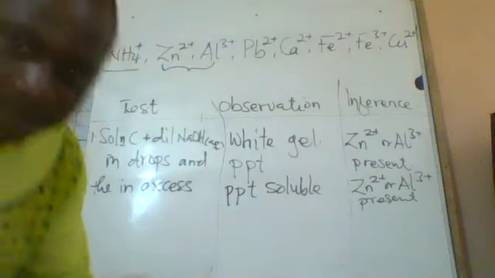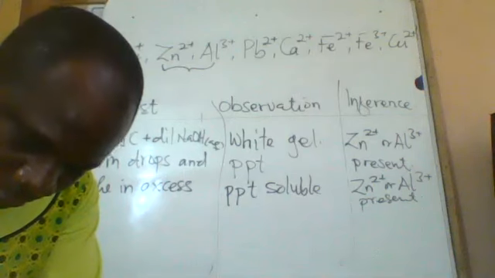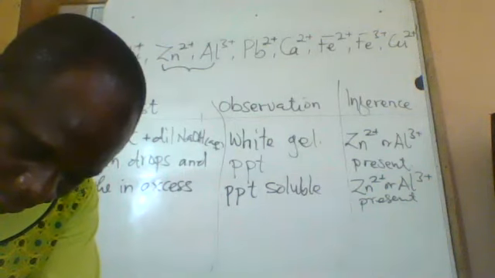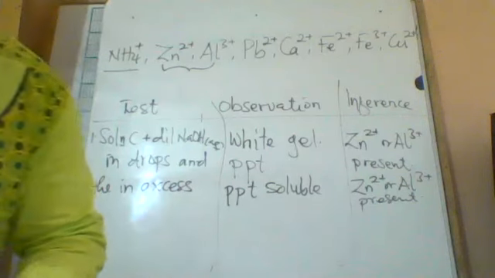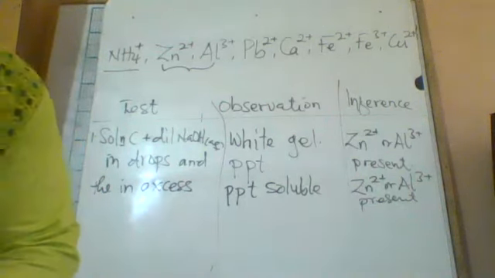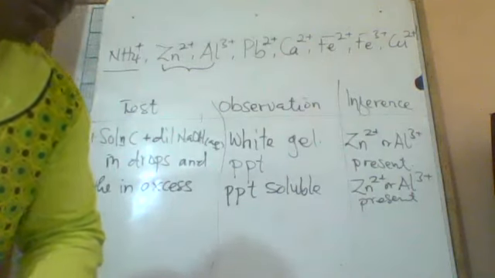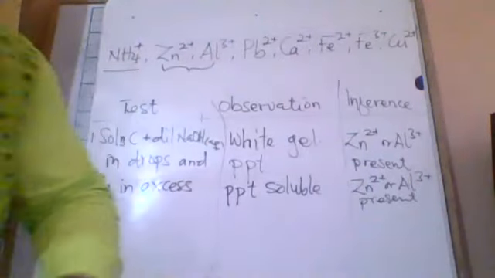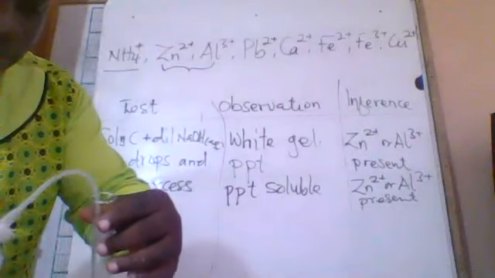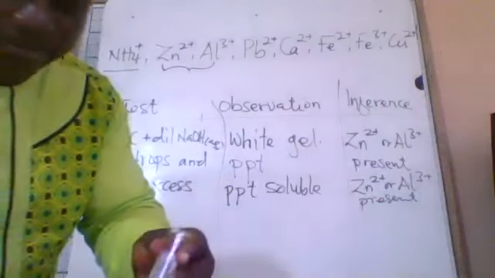Please, could you go back one step? So I understand to the point where zinc, aluminium, and lead will be soluble because they are amphoteric. And now we are trying to narrow the scope. You said that only zinc and aluminium amongst those three will give us a white gelatinous precipitate, right?